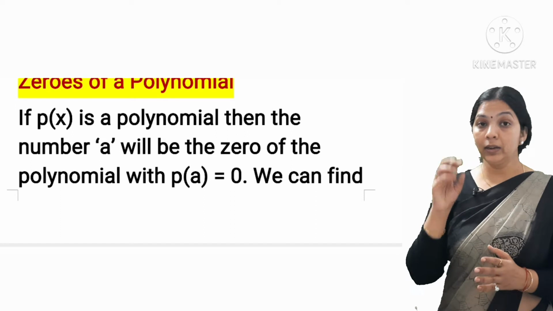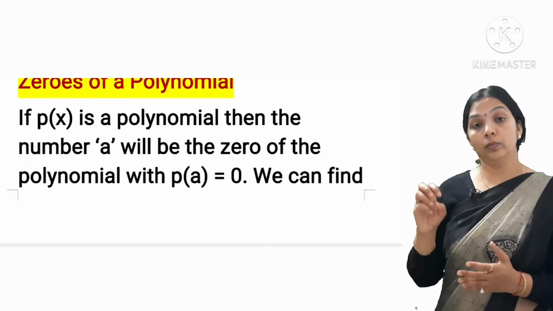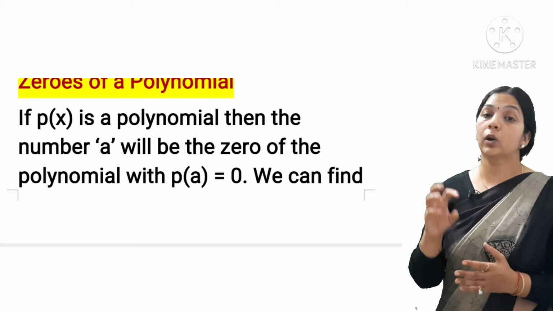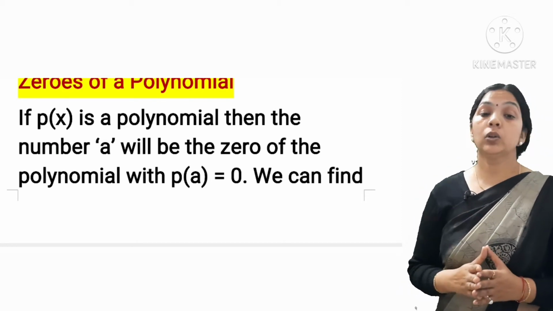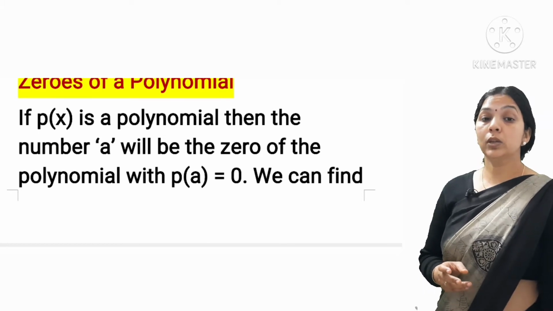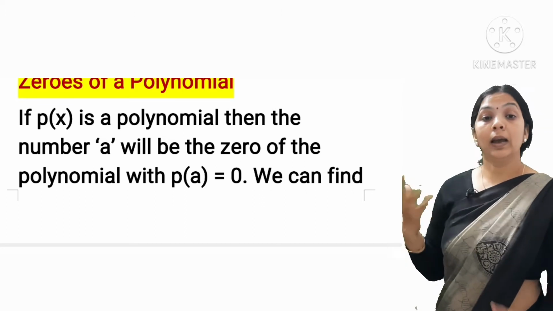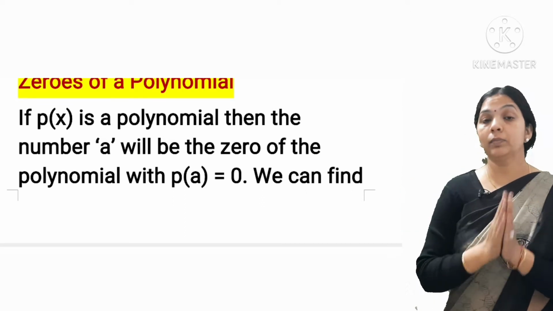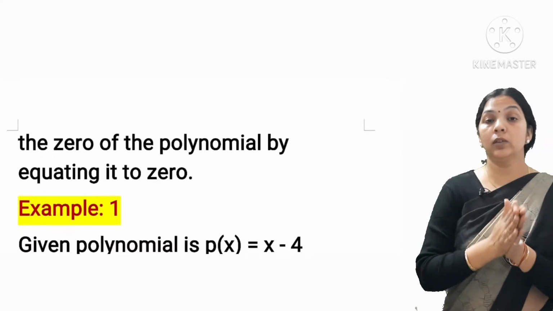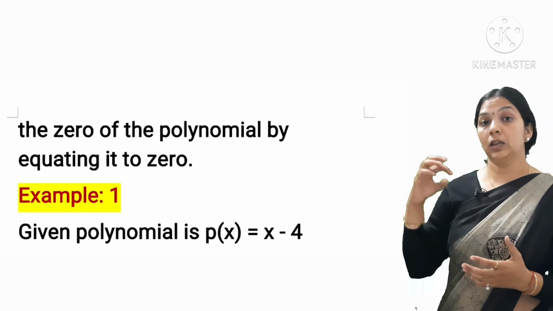That means any value of x which converts the whole polynomial to 0 is known as the 0 of the polynomial. We can find the 0 of the polynomial by setting the whole polynomial equal to 0. To find the 0, that means to find the value which gives the result 0 for any polynomial, we will equate it equal to 0.